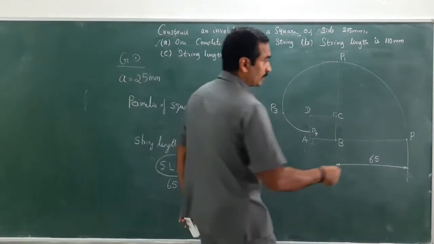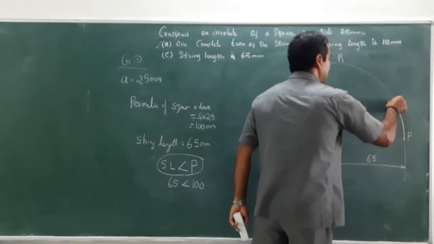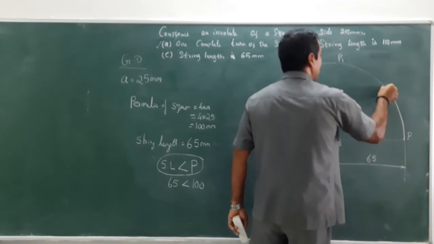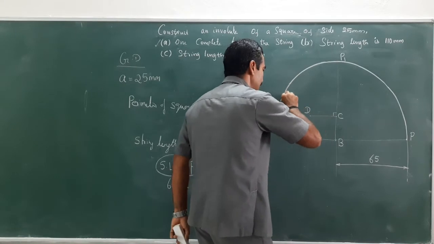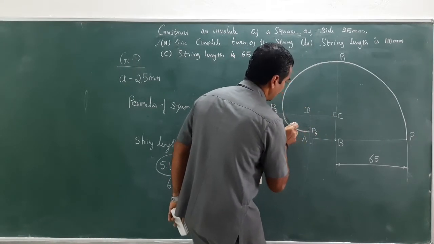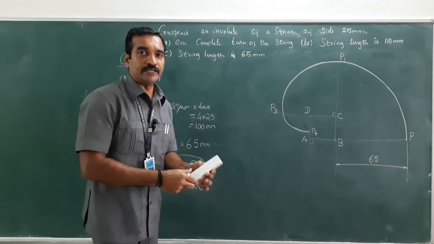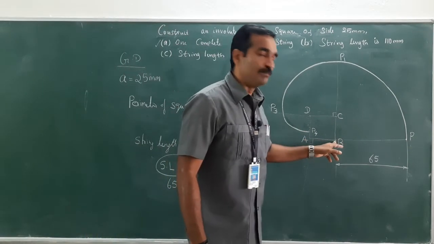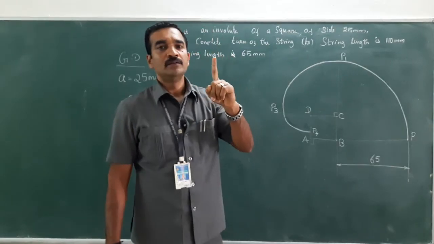Right. Now, darken the profile using the HP or H pencil. So, the profile is something like this. In the first condition, we started from B and it ends at B, because it completes one full turn.